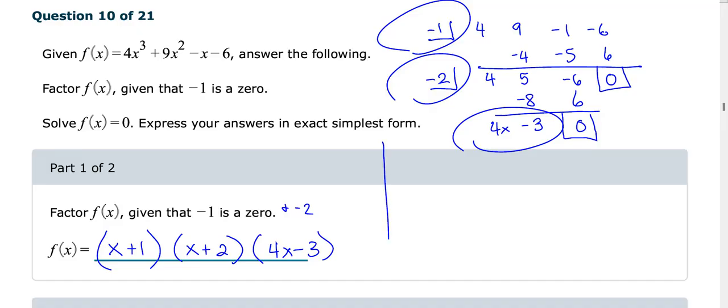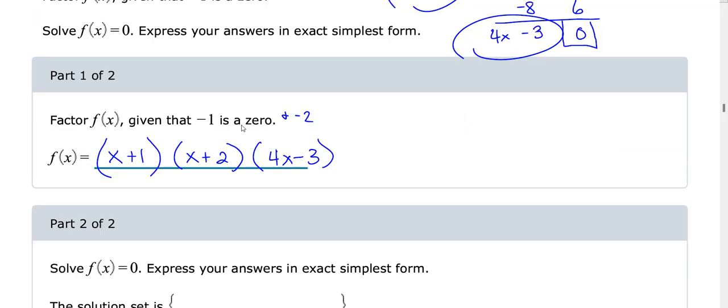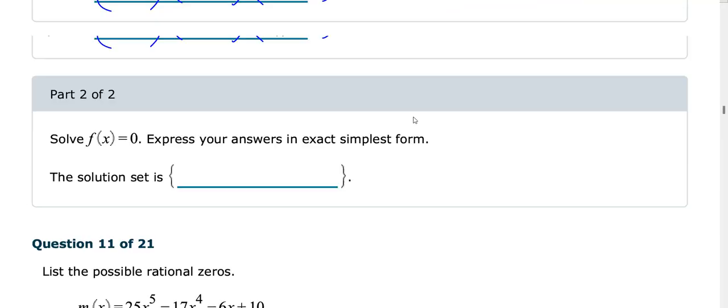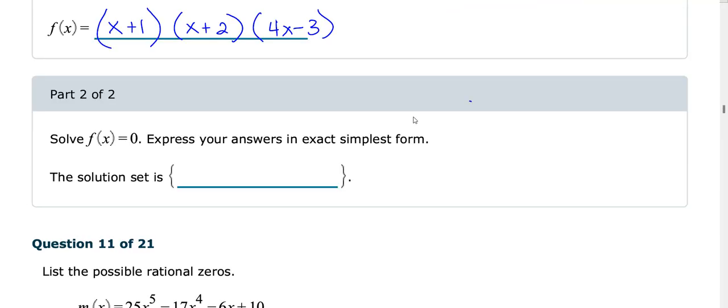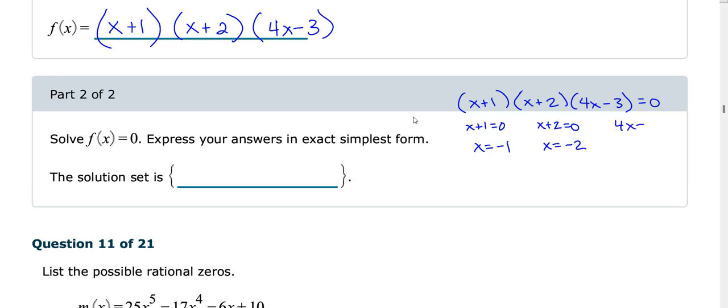Now it says to solve when you set that equal to 0. So if I set x plus 1, x plus 2, 4x minus 3 equal to 0, then I know x equals negative 1, x equals negative 2, or 4x equals 3, so x equals 3/4.